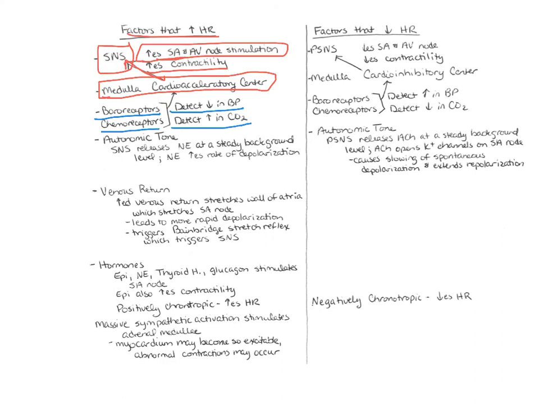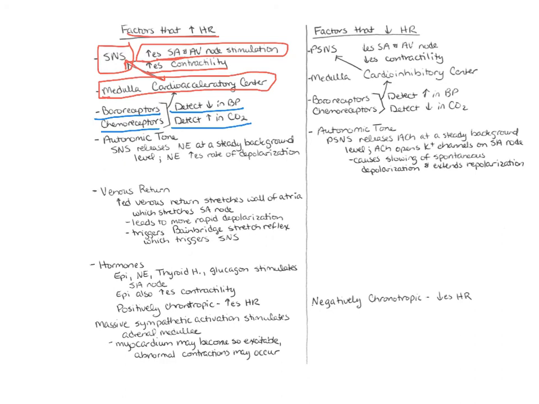You don't want carbon dioxide building up in your body. You want to pump it to the lungs faster so you can breathe it out. And if your blood pressure drops, your body's going to want to get your blood pressure back up. And the fastest way to get your blood pressure back up is to increase your heart rate.